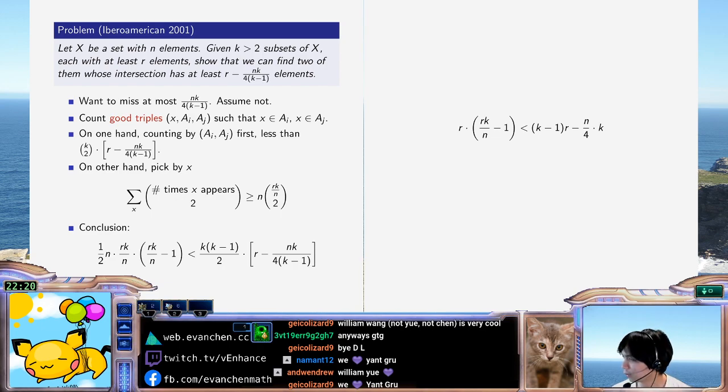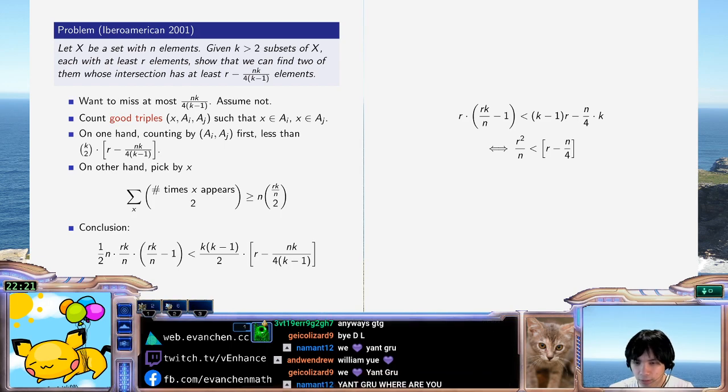Great. So what do I do with this junk? I guess the minus R actually cancels. Okay. So the minus R cancels, and then, sure. R squared K N should be less than K times, oh, so there's a K that cancels too. R minus N quarters, which is the same as 1 over N, R minus N halves squared less than 0.